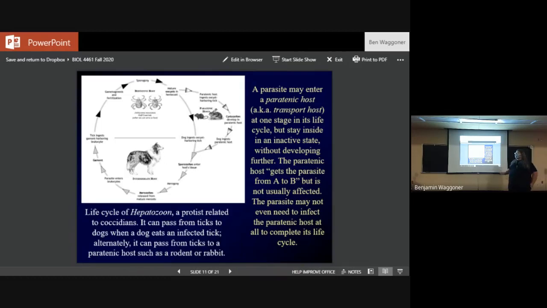There's a protist related to a group called the coccidia. Anybody that wants to be a vet, you're going to hear about coccidians because of coccidiosis. There are species of it that will wipe out your chickens. There are other species of it that infect rabbits.